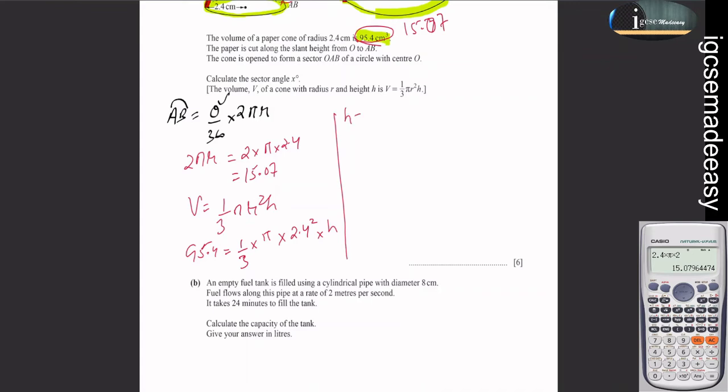Cross multiplying, h equals 95.4 into 3 divided by pi into 2.4 square.